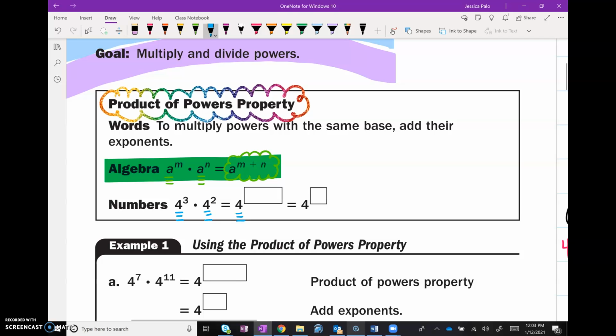We can say a now equals 4 and m equals 3. a still equals 4 and n equals 2. So based on what happened here, how do we find the solution?